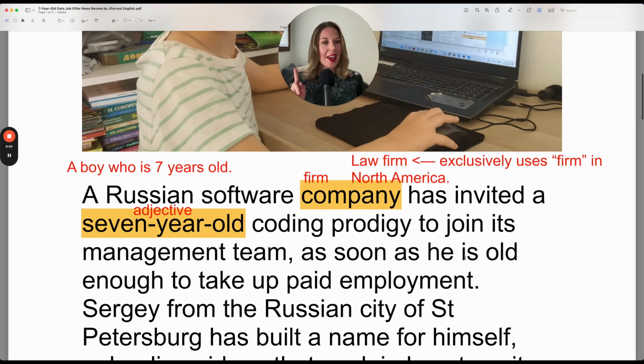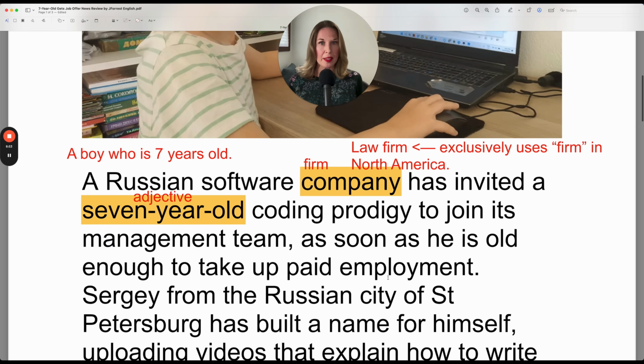"As soon as he is old enough to take up paid employment." In this case, if you take up paid employment, it means you accept it. But we also use the phrasal verb to take up with hobbies and activities to mean you start doing that hobby or activity.